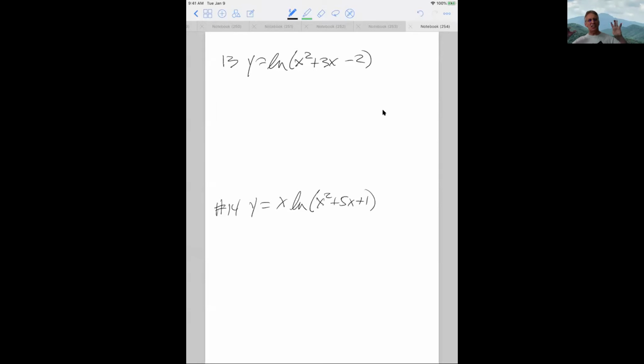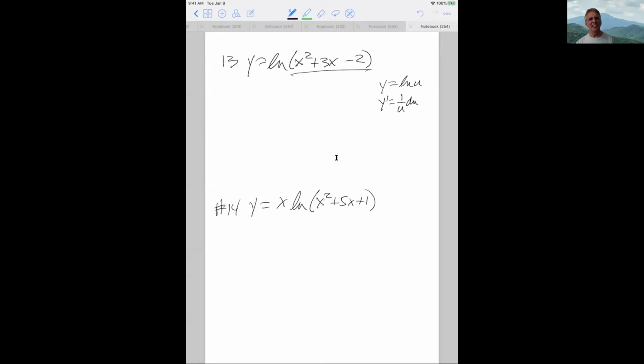Recognize it. If it's just the natural log of some function, polynomial for instance, then the rule, if you go to the practice problem rule sheet, I've got that if y equals natural log of u, then y prime equals 1 over u du.